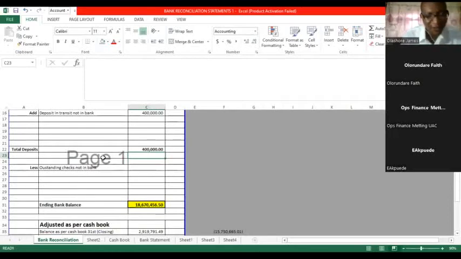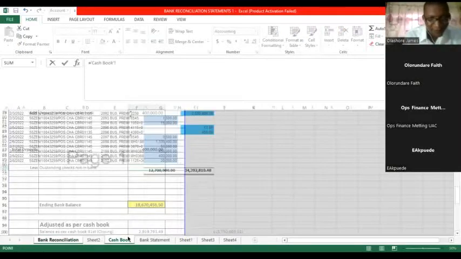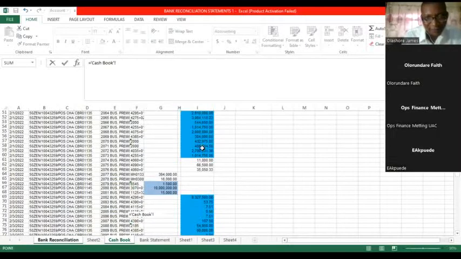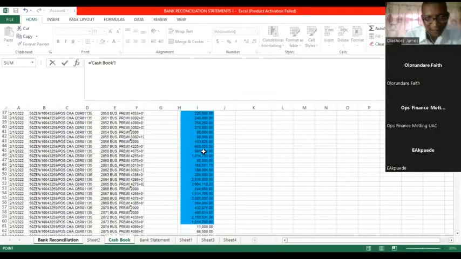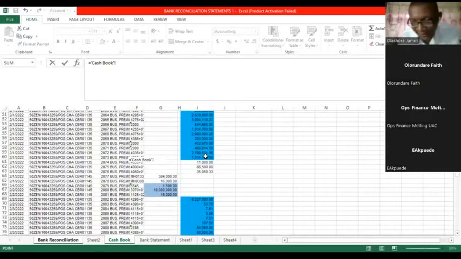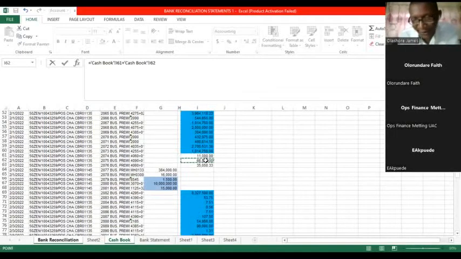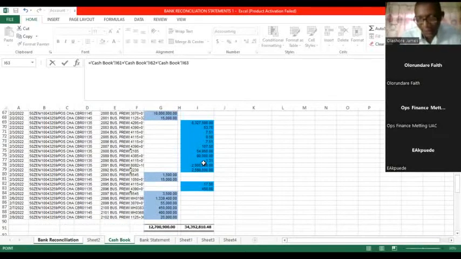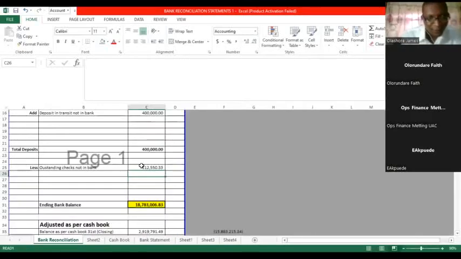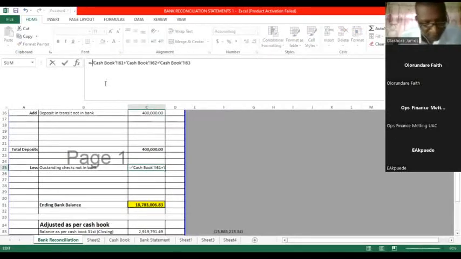Payments that have gone out of our cash book that are not reflecting in bank. They said we should less it. So we come to cash book here, and take all the figures that are not in the bank statement. So we have this plus this plus this, and that's all. But this one should be in negative, so we put it in negative.